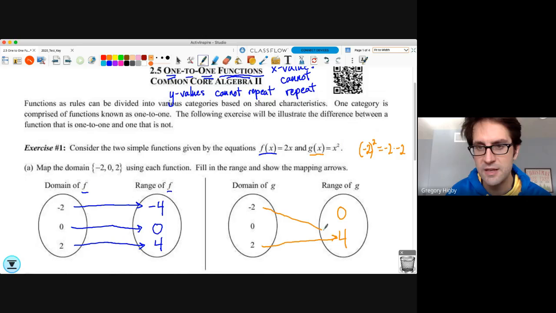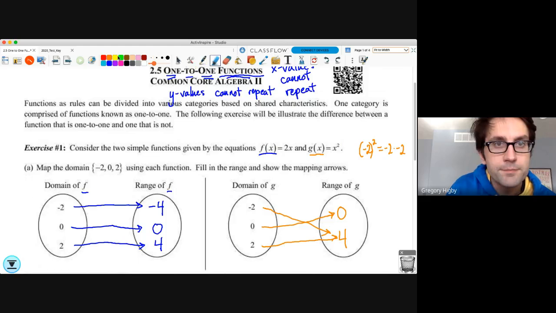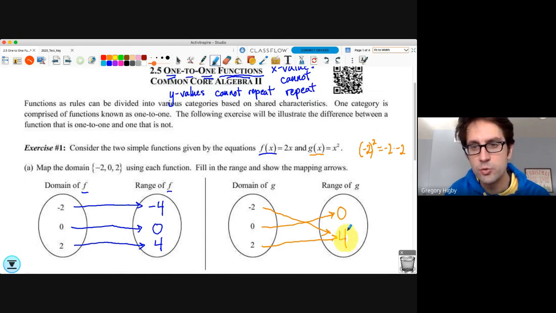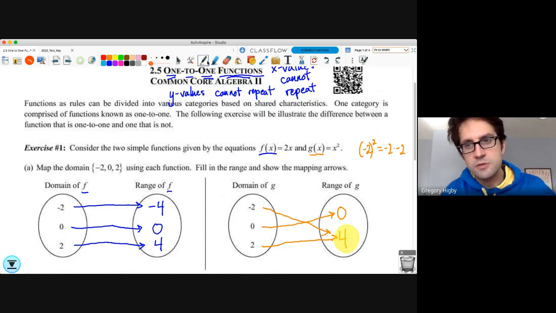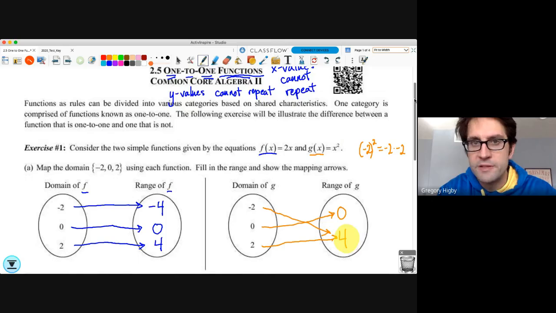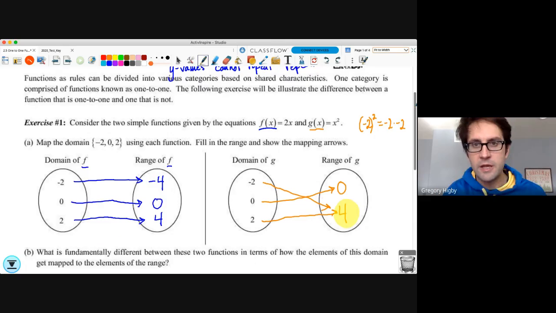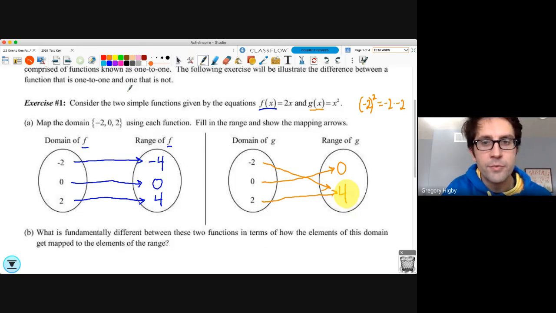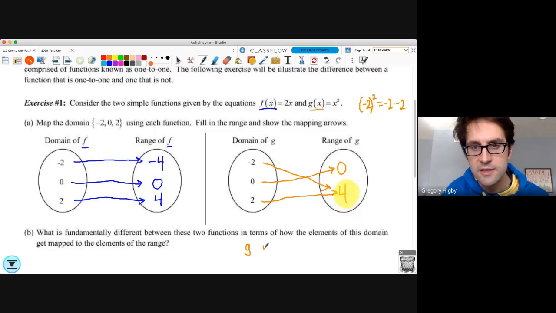So what I'm trying to get at is for the function g, let me highlight it, this value repeated. So when that y value repeats, as I mentioned, then that's our clue that g is not 1 to 1. And sometimes we write it out like 1, 2, 1, like this.